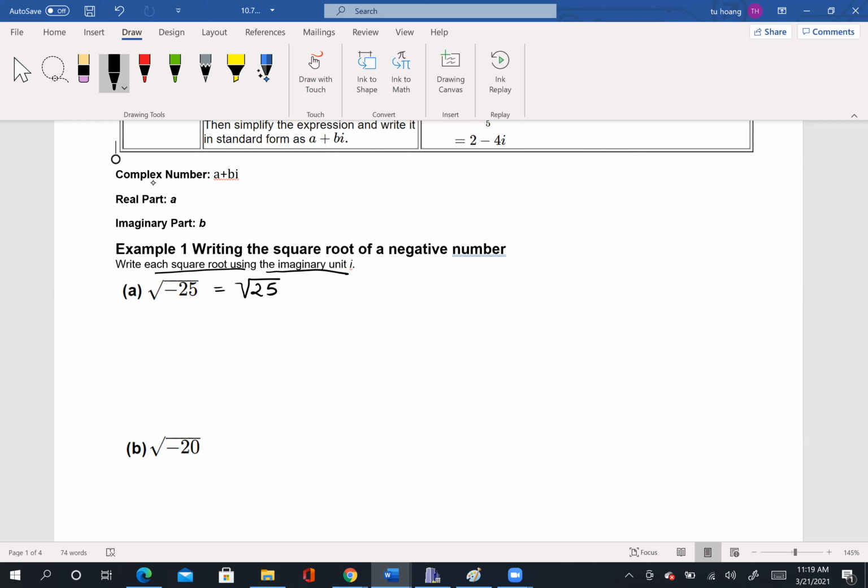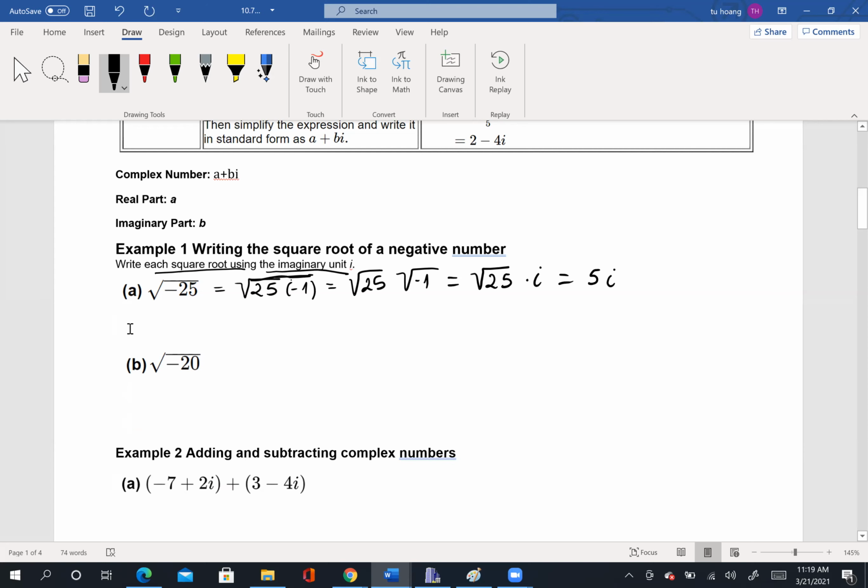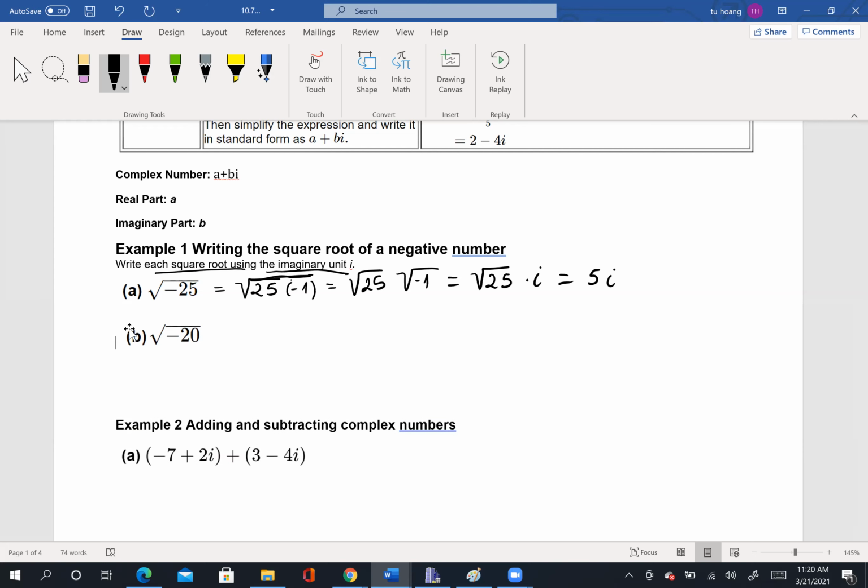I can rewrite it as the square root of 25 multiplied by negative 1, and then as the square root of 25 times the square root of negative 1. And I know that this is the square root of 25 multiplied by i, and the square root of 25 becomes 5, so the square root of negative 25 becomes 5i, right?